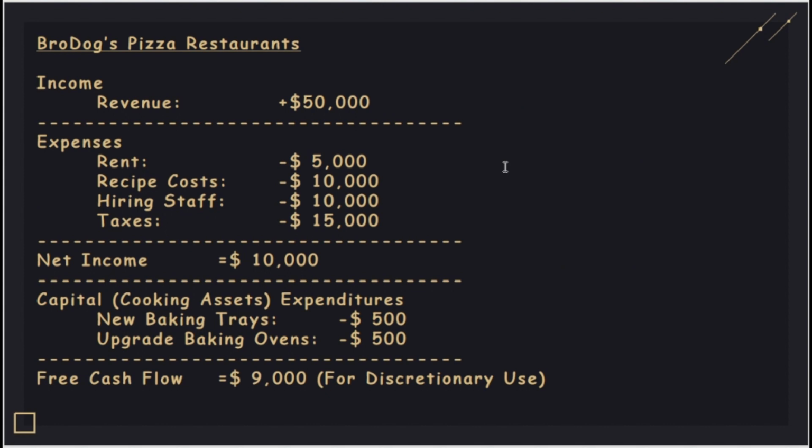And all these so-called capital expenditures will be further deducted from the net income when calculating the free cash flow. With that said, free cash flow really represents the amount of money that I can use at my discretion, such as investing in R&D, research and development, by creating new pizzas, or advertising on the internet, giving coupons or discounts to customers.